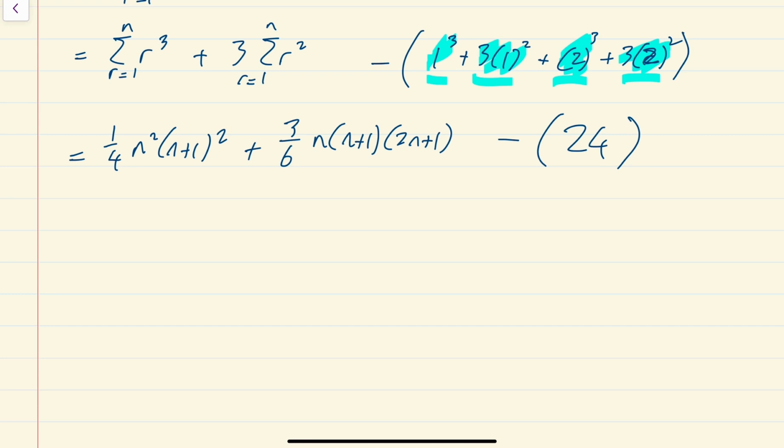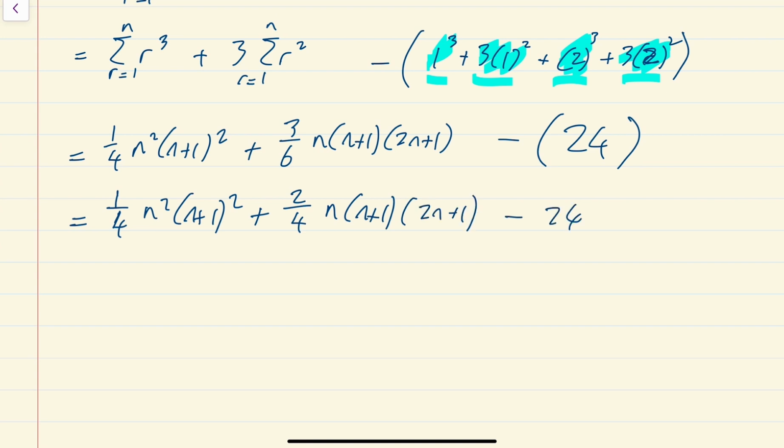This bit over here, we could tidy this up a wee bit. That's going to be a quarter n squared, n plus 1 squared, and then a half, which I'm going to write as 2 over 4. That would make life a wee bit easier going forward. And we've n plus 1, then 2n plus 1, and then minus 24.